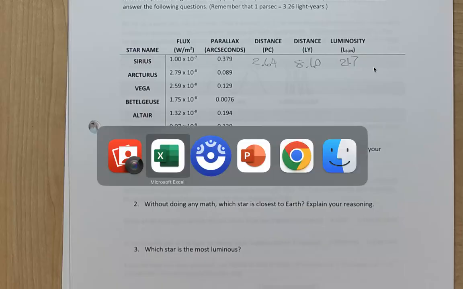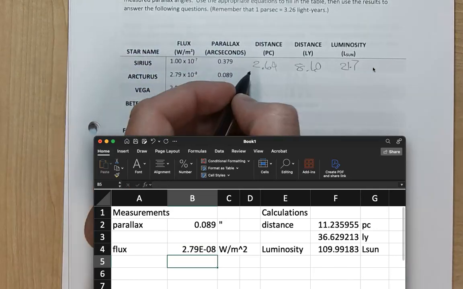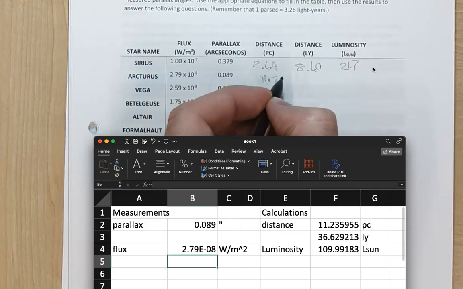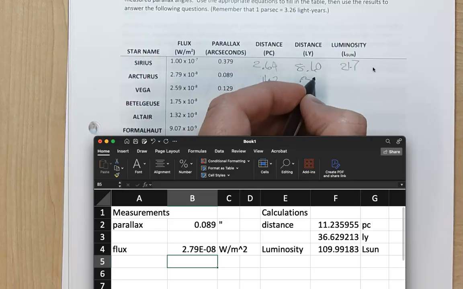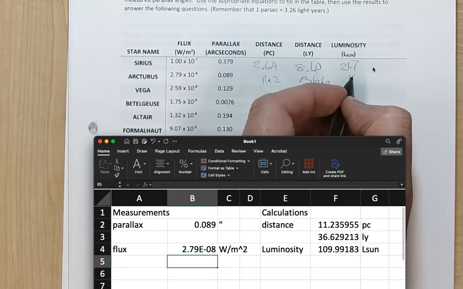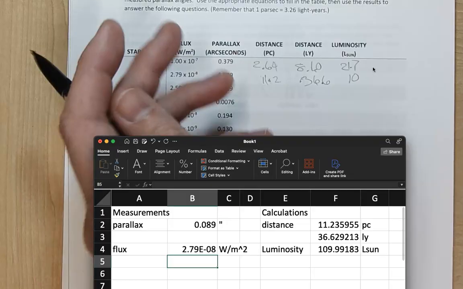Well, let's look at these other 5 stars. Arcturus has a parallax of 0.089 arcseconds and a flux of 2.79e minus 8. Okay, so Arcturus has a distance of 11.2 parsecs, or 36.6 light years, and it has a luminosity of 109.99.